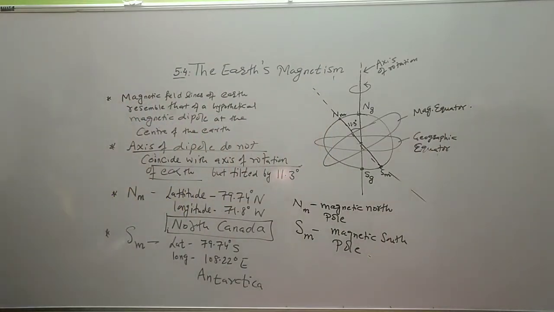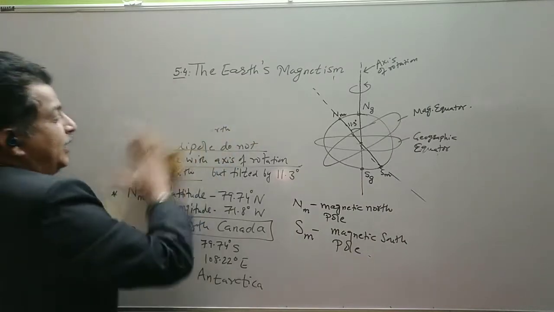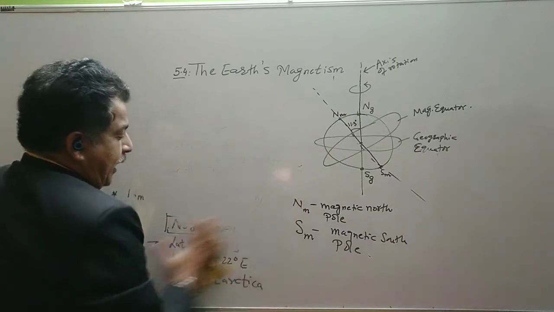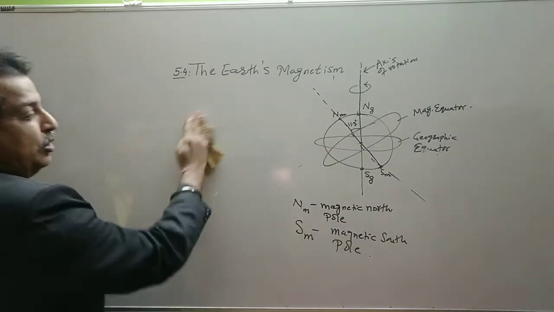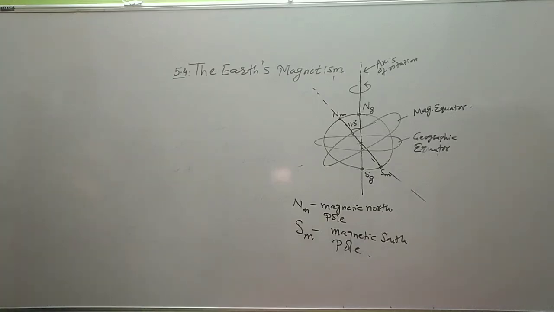So you see the diagram, because the geographic north and the magnetic north are tilted, or the angle between them is 11.3, the equator should also be tilted. So we have the geographic equator as well as a magnetic equator.